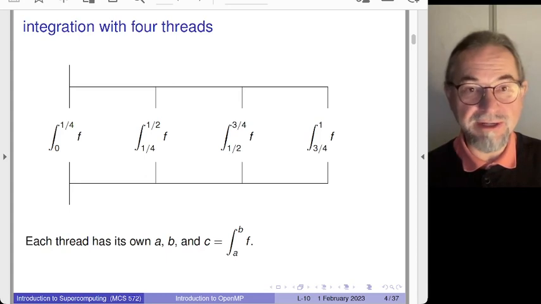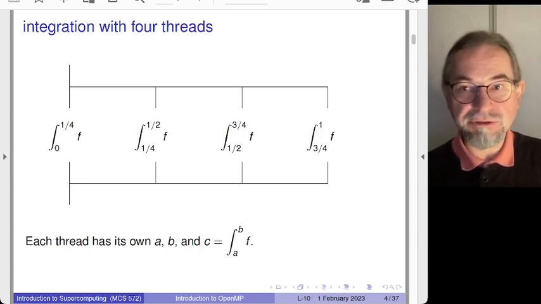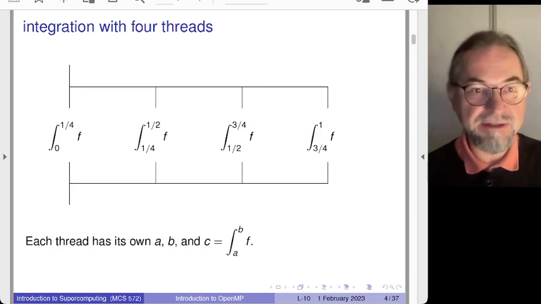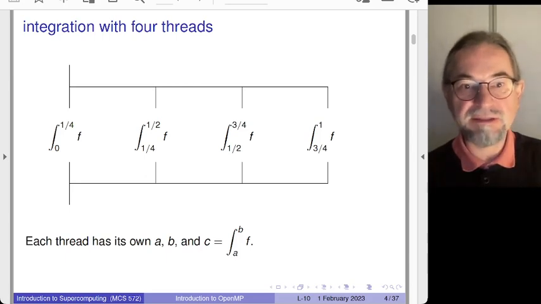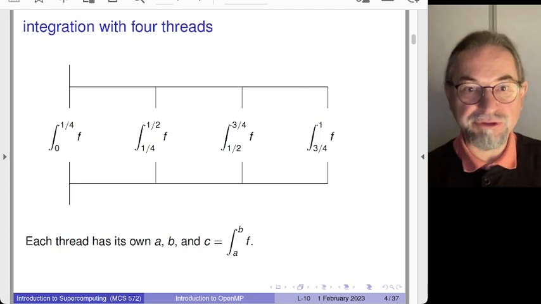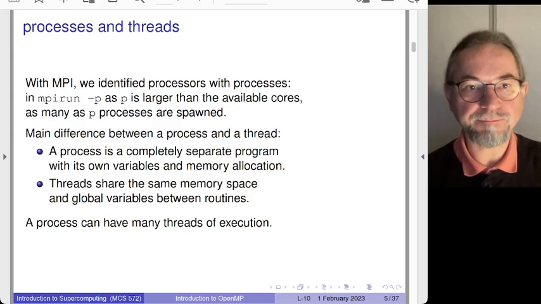In multi-threading, the function is essentially shared by all the threads, but every thread has its own lower bound and upper bound for the integration interval, the a and the b, and also has the sum for the approximation for the integral. So it's a much finer way to define parallelism.